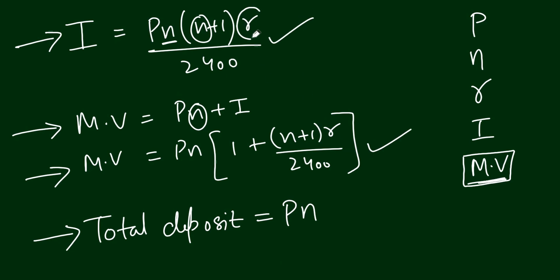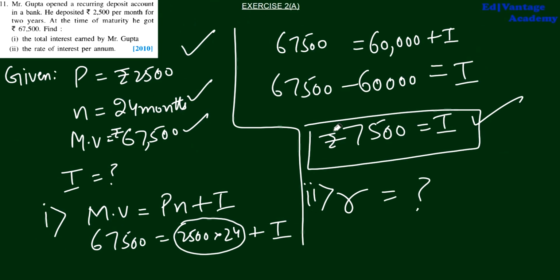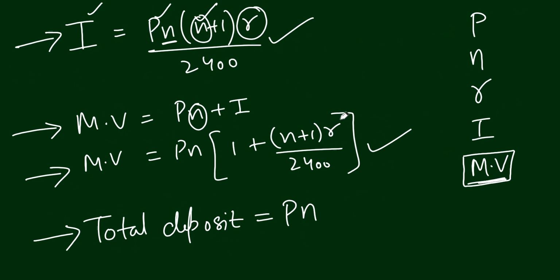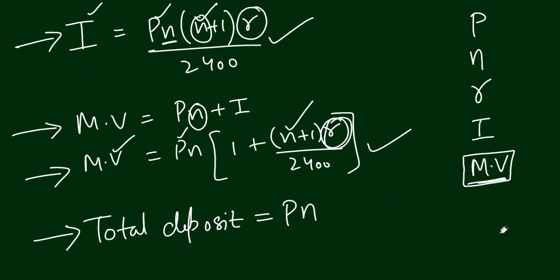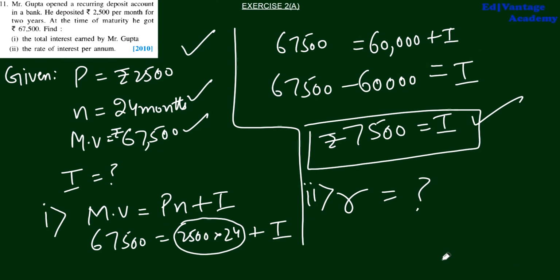If you want to find R from this one, you should know n, P and I. We know n, P and I. Or if you want to find R from this formula, you need to know n, P and MV. We know n, P and MV also. So whether you find R from this one or from this one, the answer is going to be the same, both are correct. Okay, all the best, study well, revise well.